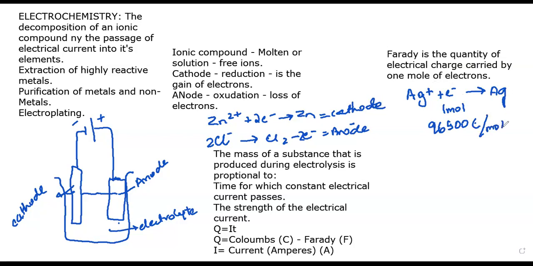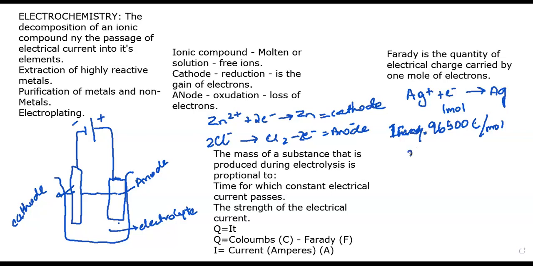So this is the value for 1 Faraday. If I want to form 1 mole of silver, I need 96,500 coulombs.